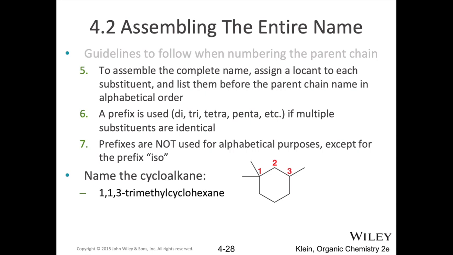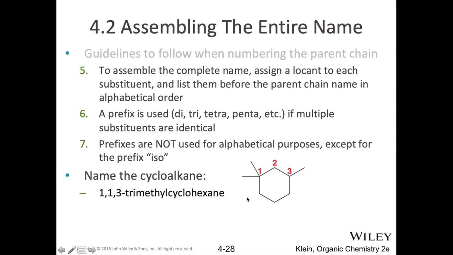So, for example, if you have two methyl groups, you'd write dimethyl, but you'd alphabetize that under M for methyl, not D for di. The only time that I think a prefix is used to alphabetize something is with iso. So an isopropyl group would be alphabetized with an I instead of a P for propyl.